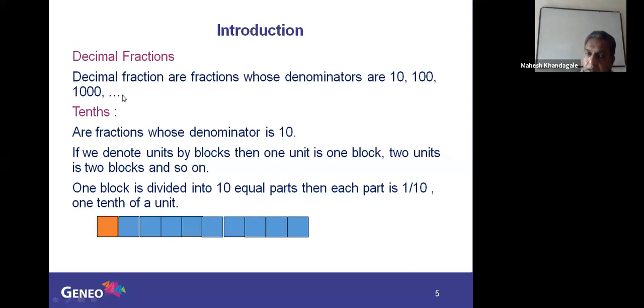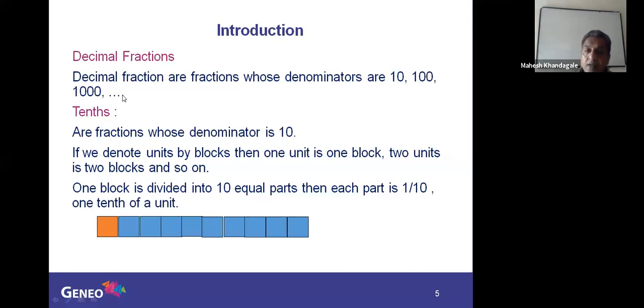Correct? So tenths, this is the first part of the decimal fraction. Tenths means a whole is divided into 10 equal parts, and out of it we are taking one part. So that one part is called a tenth, 1/10.